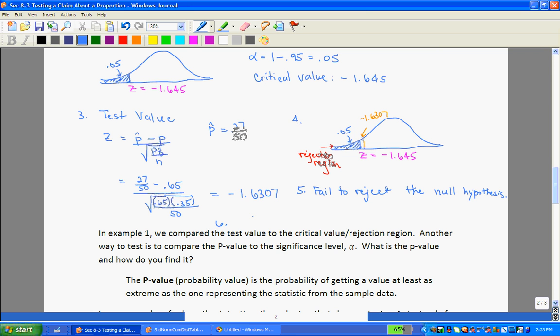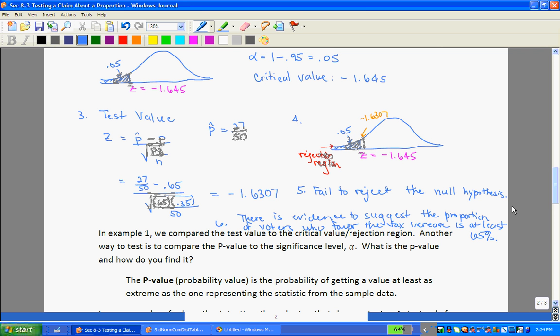So for our conclusion, we would say there is evidence to suggest the proportion of voters who favor the tax increase is at least 65%. Now, we didn't prove that.